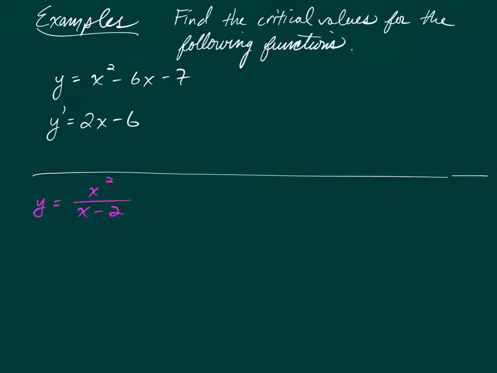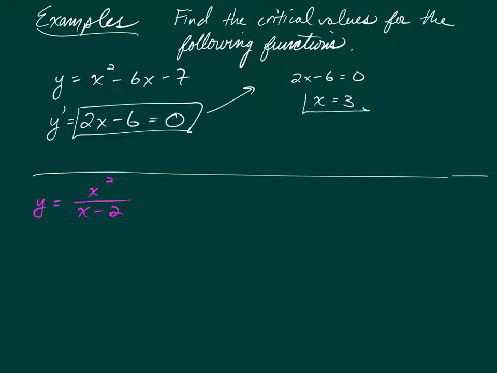So the only thing we can do at this point is set this derivative equal to 0 and solve this equation right here for x. So what that means is that we will have 2x minus 6 = 0. And when you solve for x, you'll end up with x equaling 3. So this is a critical value.